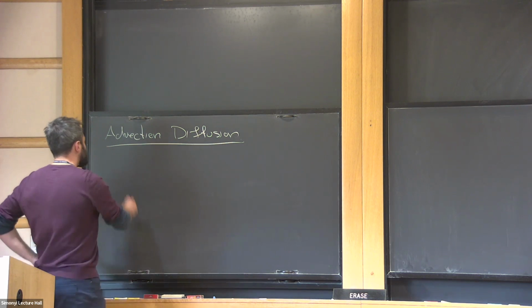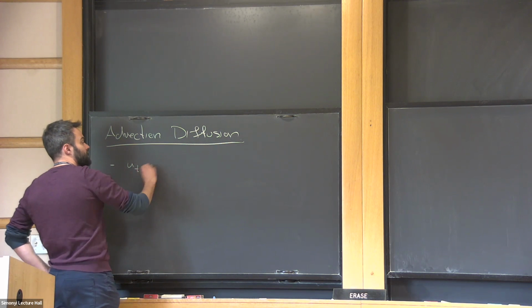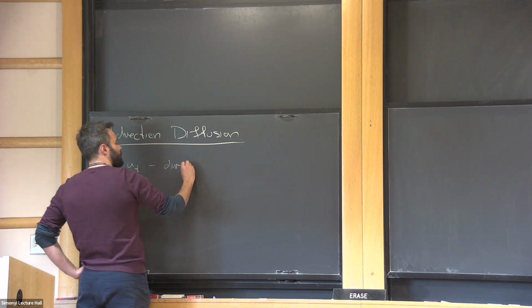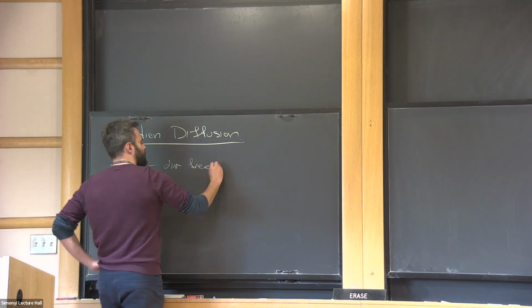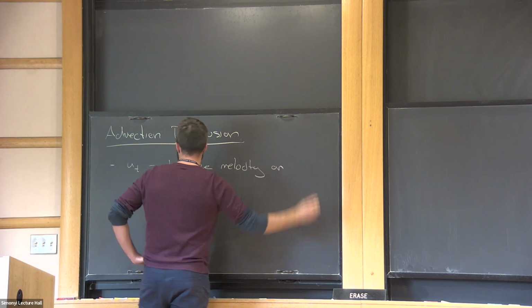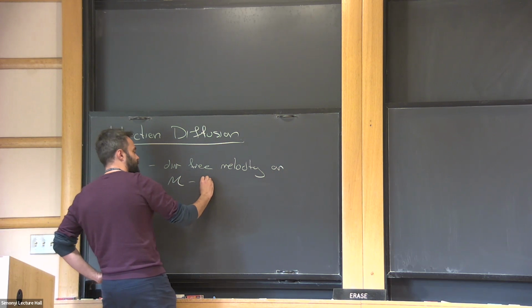So let's just consider a very general setting. Suppose u_t is some divergence-free velocity field on some compact Riemannian manifold, just to keep it simple, or let's say general.